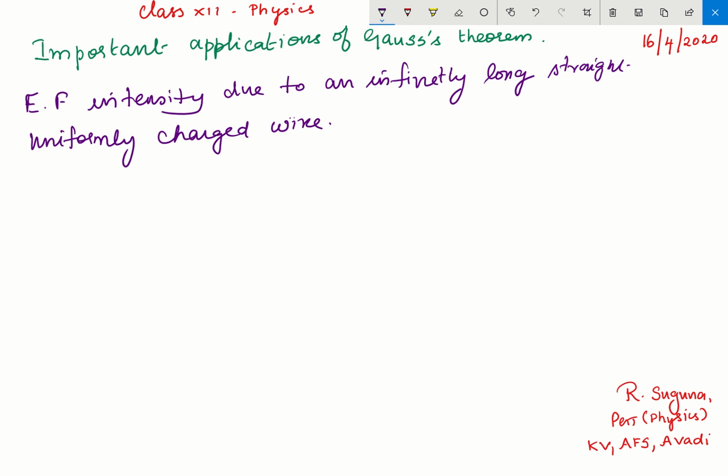Lengthy topic, right? Electric field intensity due to an infinitely long straight uniformly charged wire.